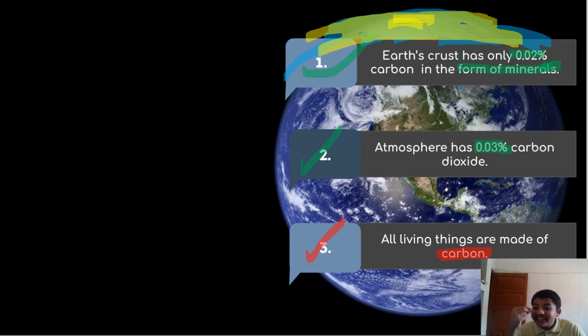And we exhale carbon dioxide, and plants take in the carbon dioxide. Can you see how important carbon is? Don't think that carbon is only bad. If carbon dioxide weren't there, we wouldn't be there. Plants take the carbon dioxide and exhale oxygen, and we inhale that oxygen and exhale carbon dioxide.